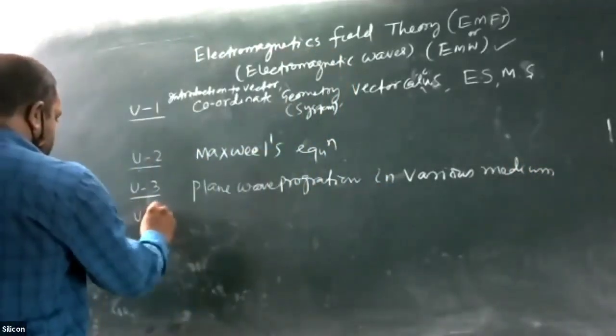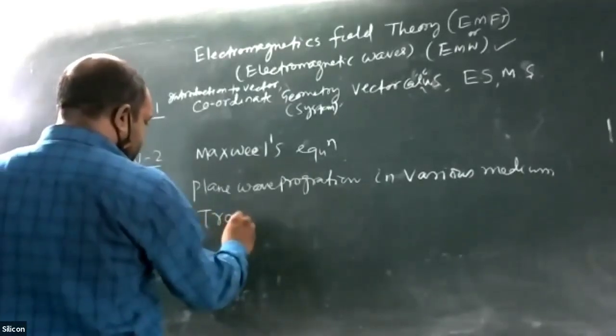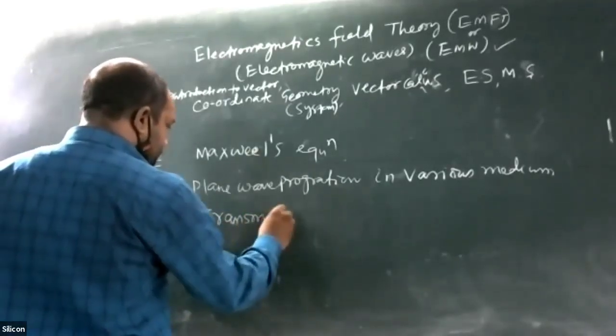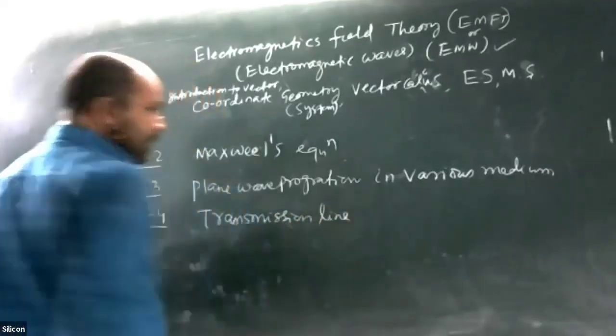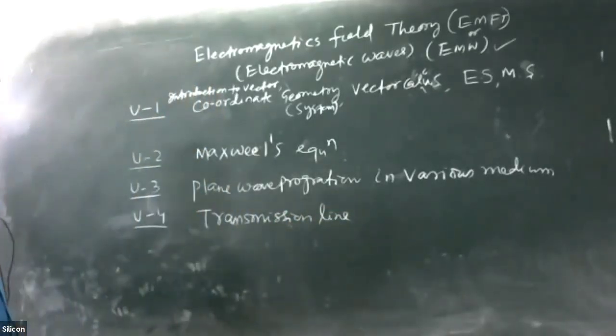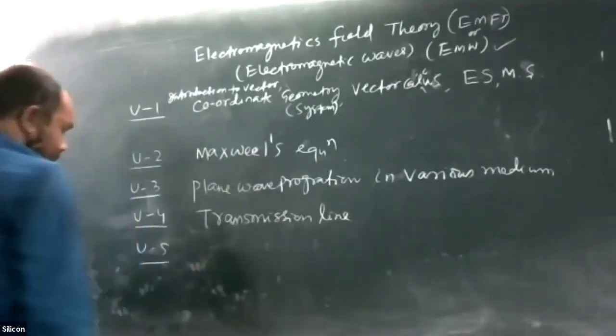Unit 4 is transmission line. And unit 5 is waveguides.